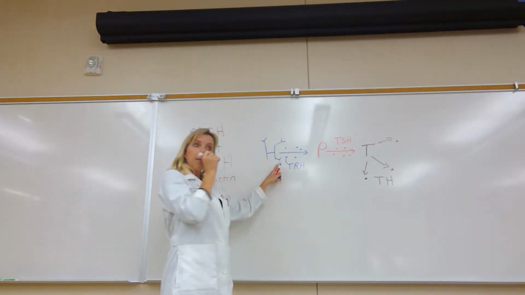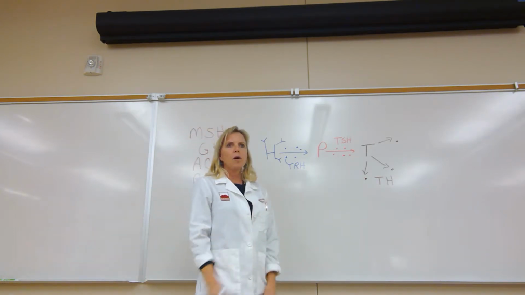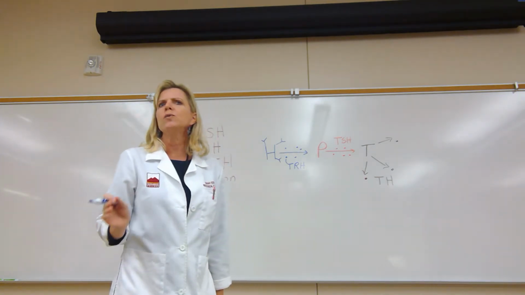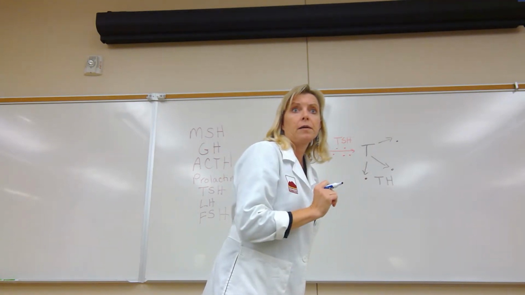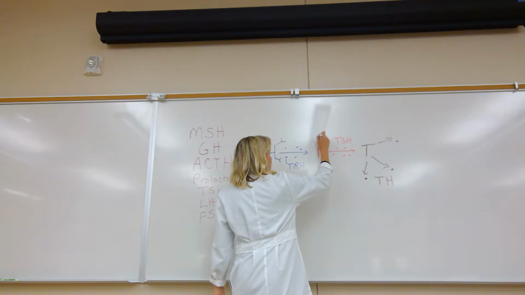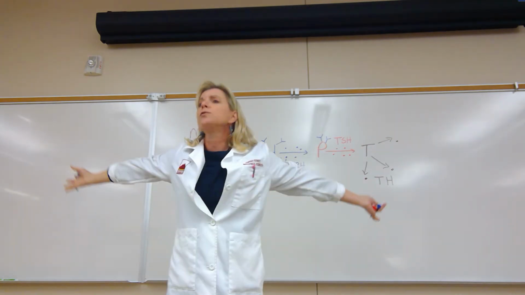So the blue receptor I'm drawing here is a receptor for thyrotropin releasing hormone. And if you're looking at that, you're going to say, Kara, wait, I thought you said TRH targets the pituitary. Yeah, it does. So I'm going to draw those blue receptors on the pituitary too. These hormones go into the bloodstream.